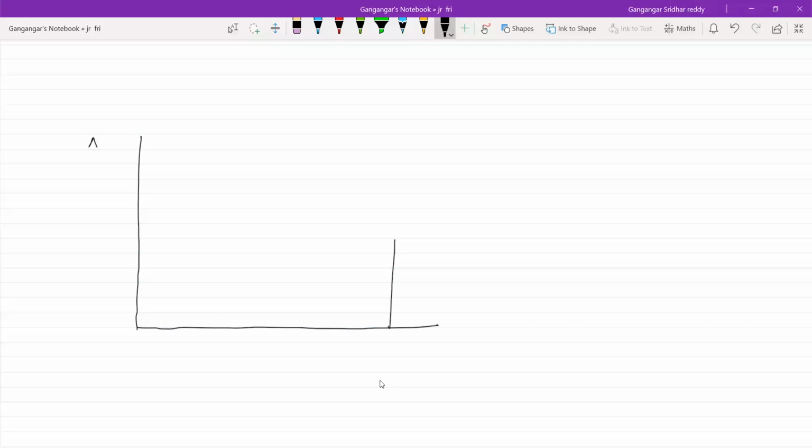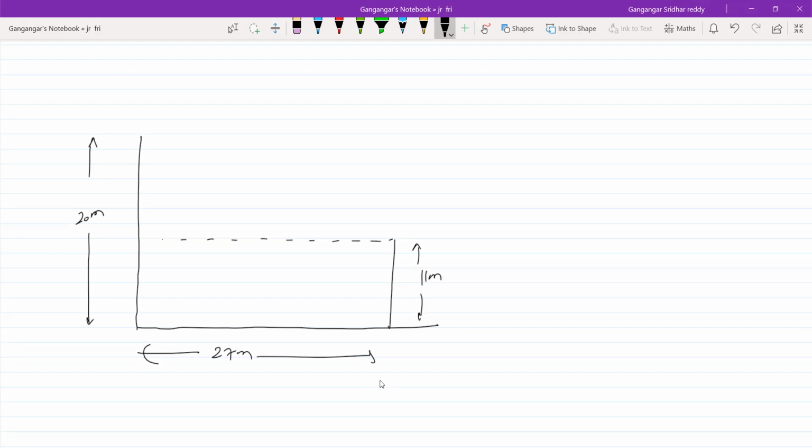So this distance is 20 meters. This is 27 meters. This is 11 meters. So do one thing, take help of this. What is the remaining distance? This will be 20 minus 11, 9 meters. This is A. This will make an angle alpha. And this distance is 27 meters.